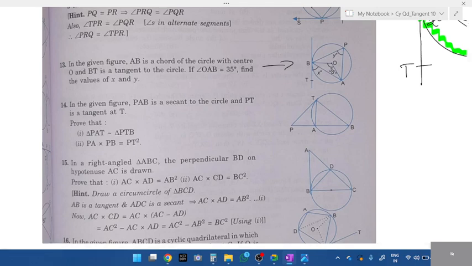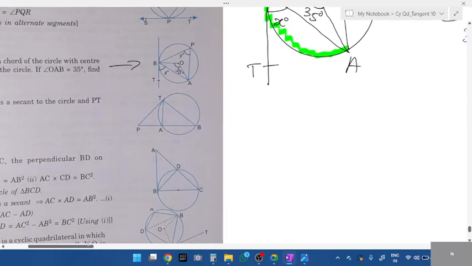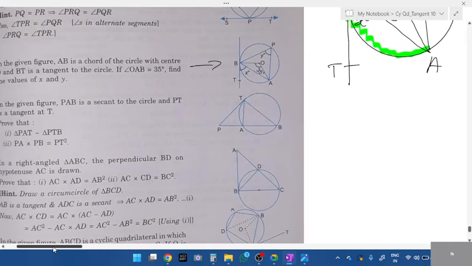Find the value of x and y. How come both are 55 and 55 is given? Okay, it is not 17.5, students. Let me read the question.